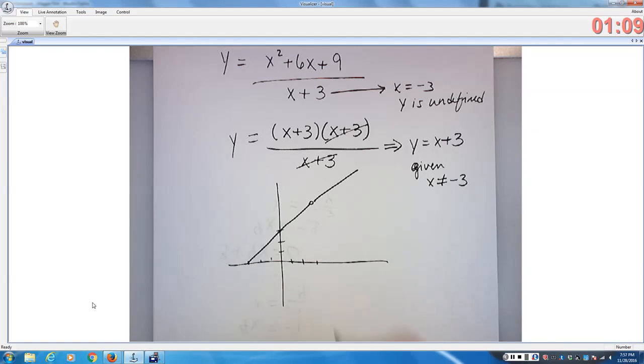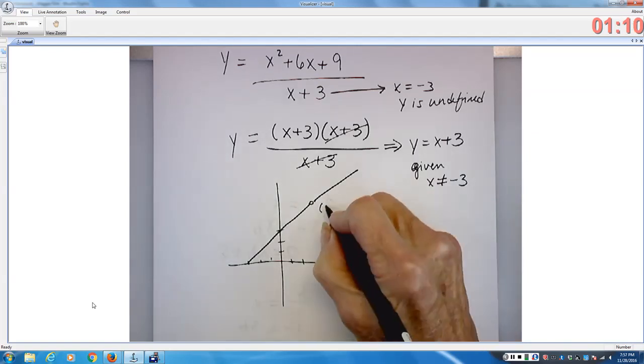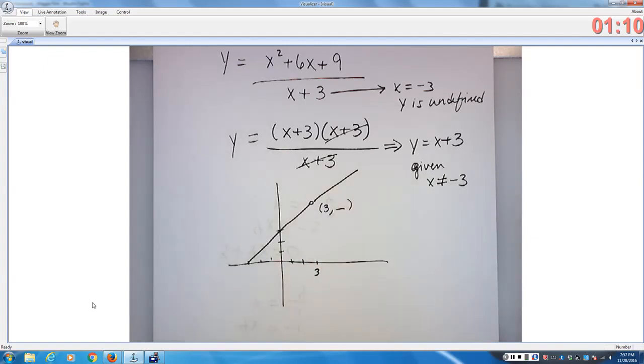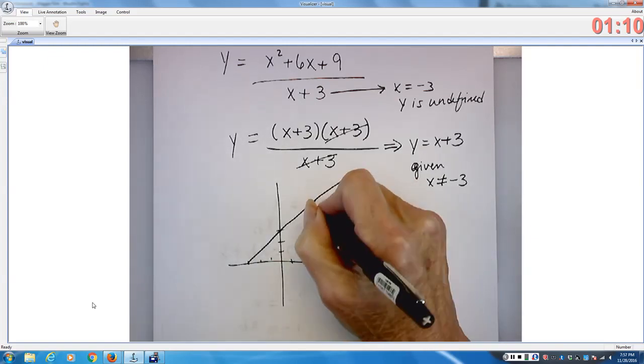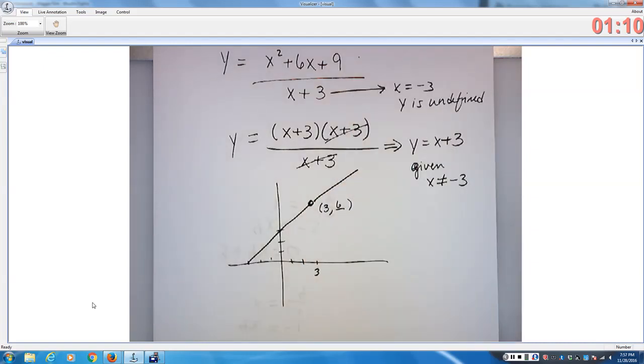Excuse me. This is the point that would have been 3 something. Actually, it would be 3,6. Only the point 3,6 does not exist on that function.